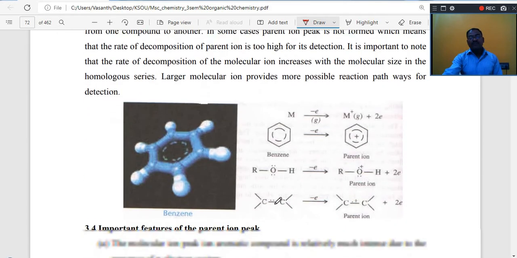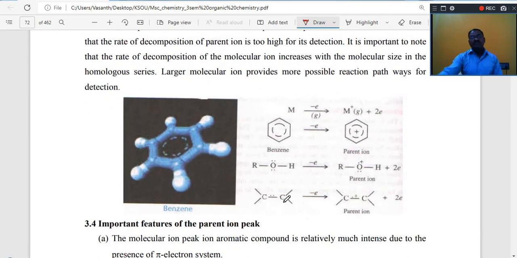We have to find what the stability of these ions is. Just see here, this is a molecule. It liberates an electron, and what we get is M plus. This is benzene, liberation of an electron gives the parent ion. This alcohol liberates an electron, and what we get is the parent ion.